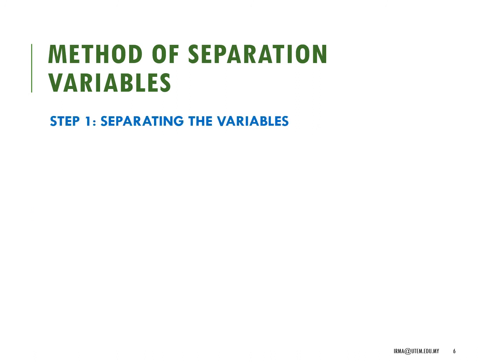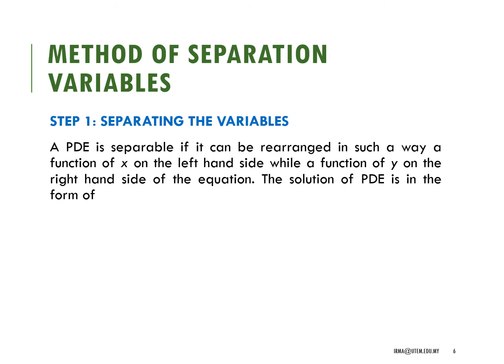Alright, so let's look at the first step. Step one is to separate the variables. A PDE is separable if it can be rearranged in such a way that there is a function of x on the left hand side and a function of y on the right hand side of the equation. If the independent variables are x and t, you separate them, with terms in x on the left hand side and terms in t on the right hand side.